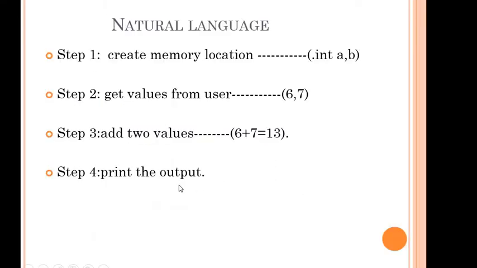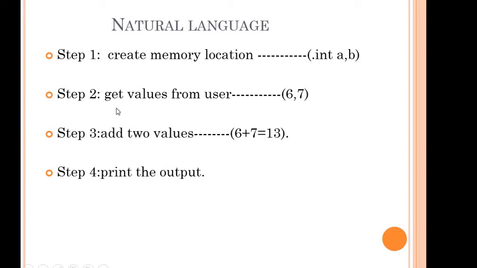This is an example for natural language. By using natural language, we have given the algorithm. Each and every step has a statement explaining what has to be carried out to get the solution. The advantage is that each step uses words we use in our day-to-day life, so we can understand the steps easily.